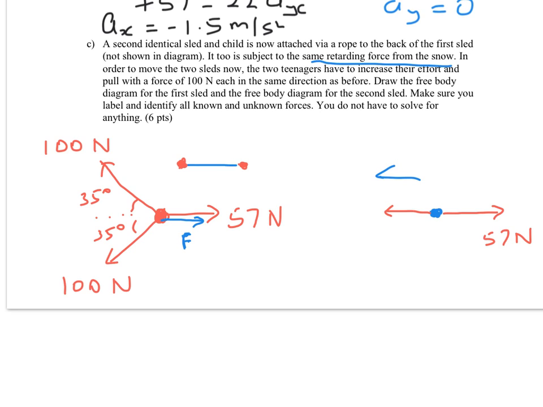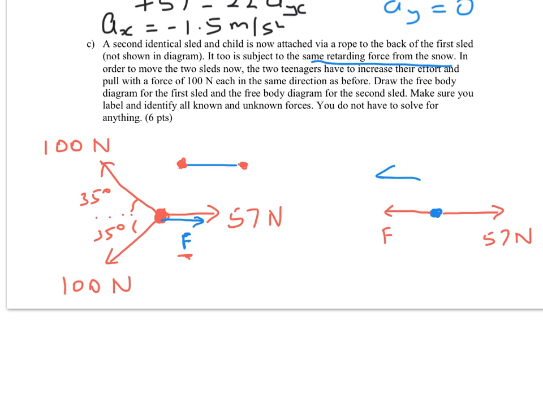Now, this force is F, and you will find out later that it is exactly the same value as this part of the force that's exerted on the first sled. And we will talk more about this in the next chapter, but that is the case if it turns out that the rope is massless, what we call massless.